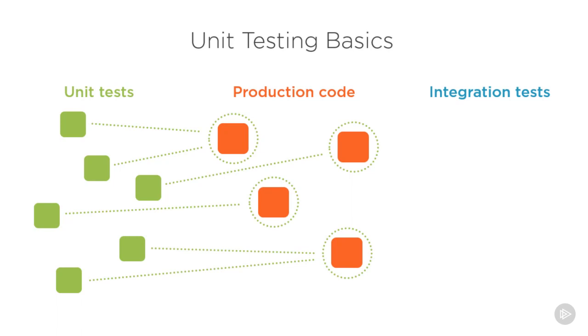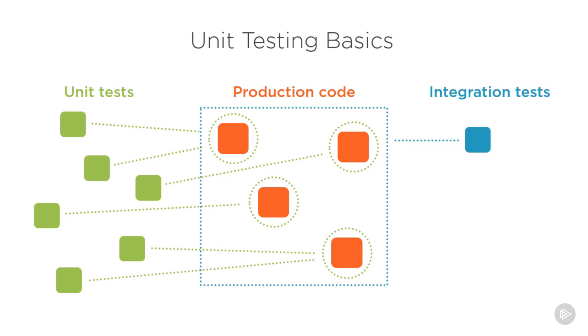An integration test is like a unit test, a test method, but that test method does not focus on a unit in isolation. Instead, an integration test checks if the units work together as expected. So normally you also write multiple integration tests to ensure that the units integrate well with each other.